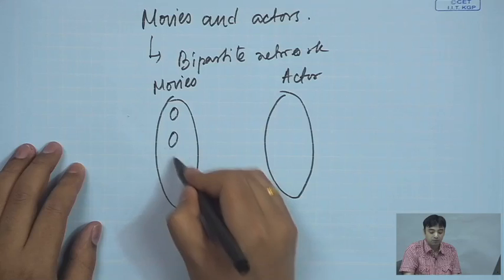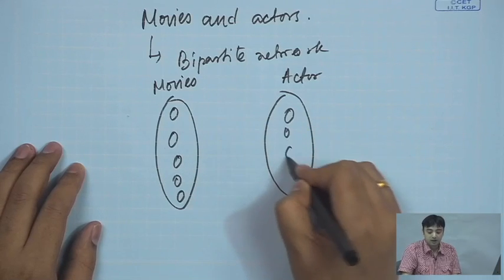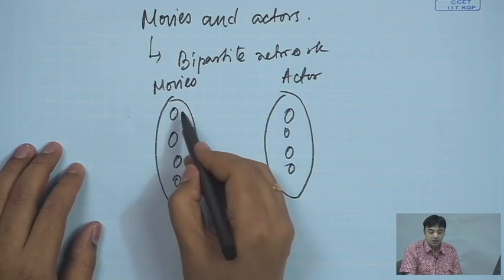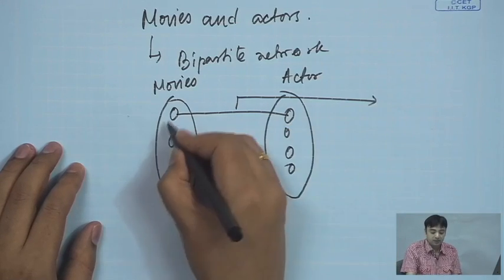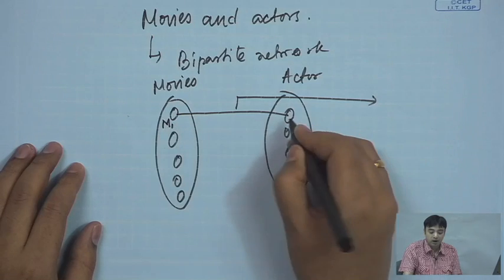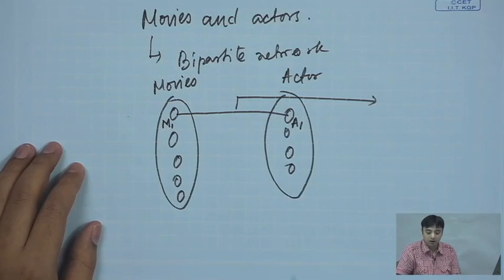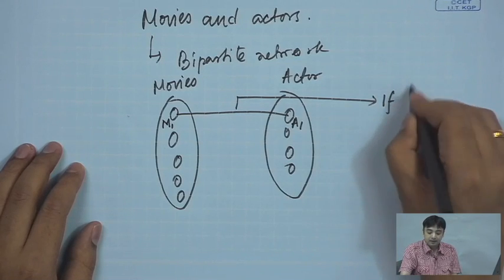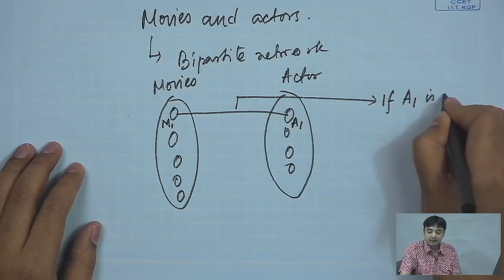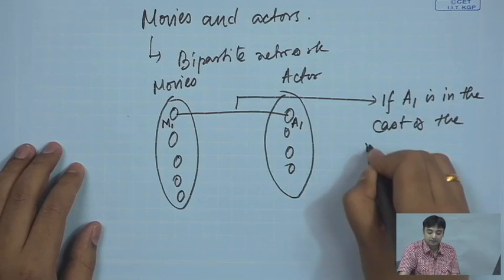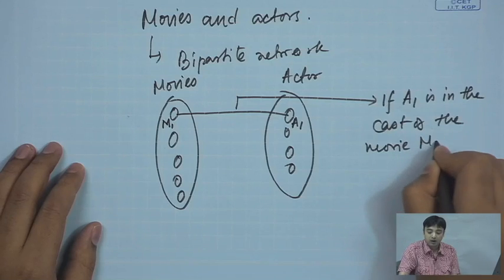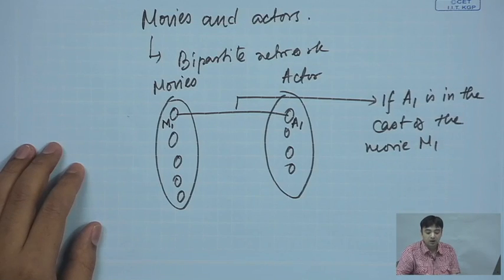Now, you draw an edge between a movie and an actor, say the name of the movie is M1 and the name of the actor is A1. You draw an edge between M1 and A1 if A1 is in the cast of the movie M1. This is how you construct a movie actor bipartite network.